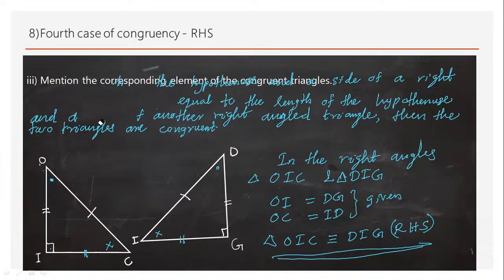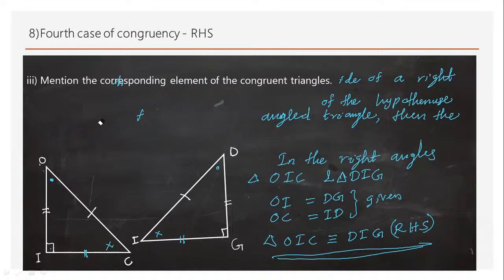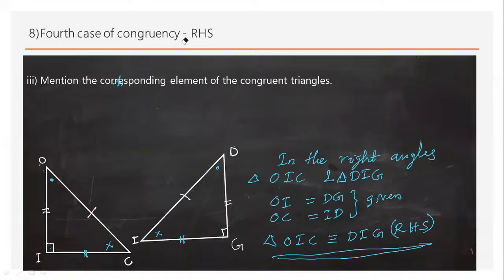So we'll mention the corresponding elements of the congruent triangles. Right? We have marked it earlier. So we have to write only O and T. Then we can write angle IOC equals angle TDI. What is this cross and this cross?